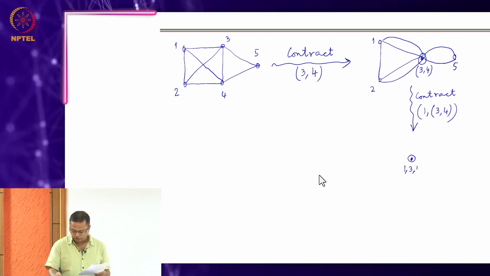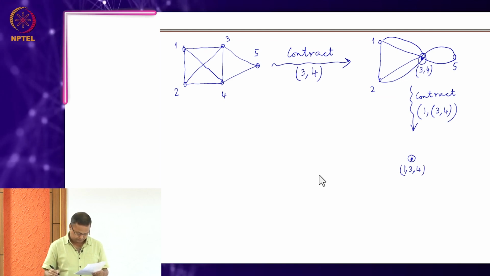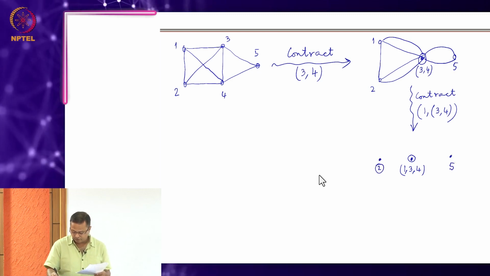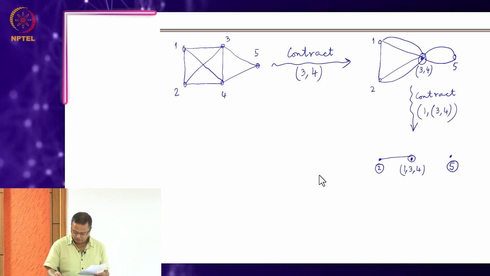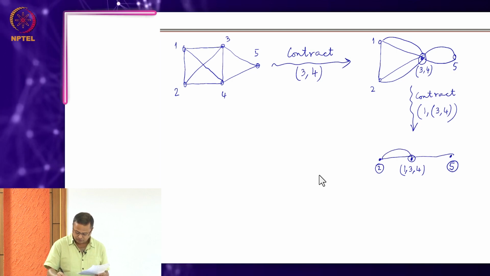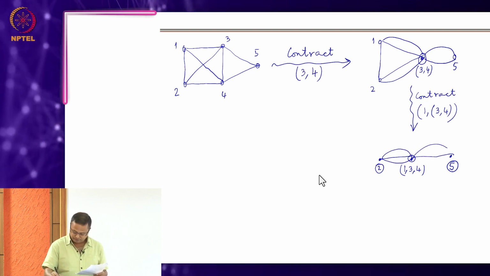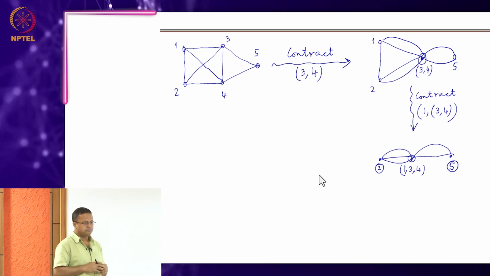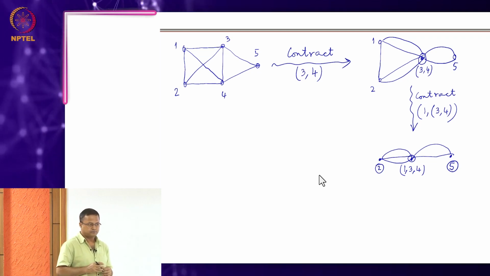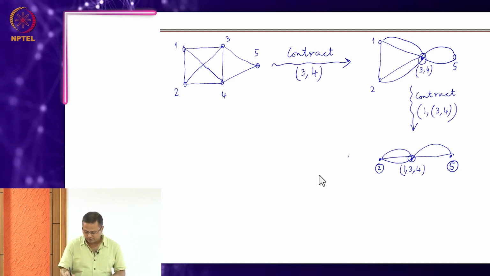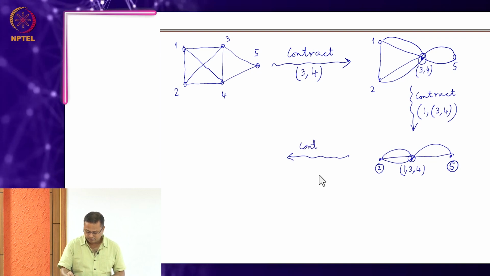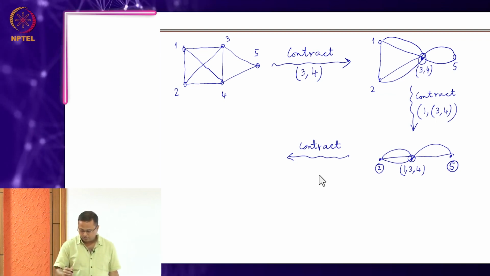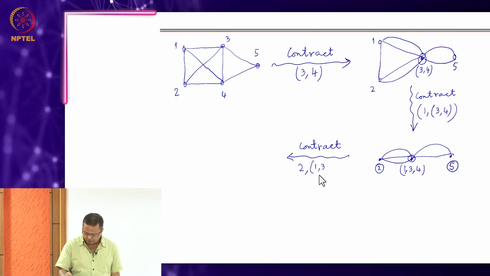What you get is a supernode of 1, 3, 4, and you have 2 and 5. Then contract 2 and 1, 3, 4.